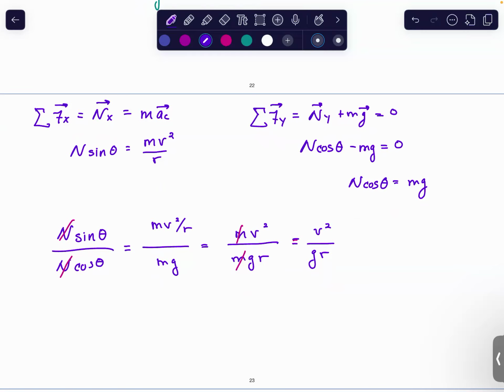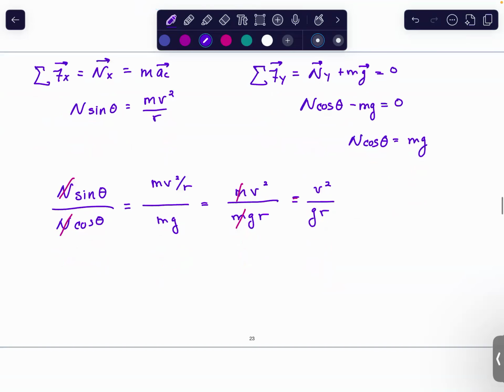Now, let's reach back to our trigonometry days. What is sine over cosine? Tangent.